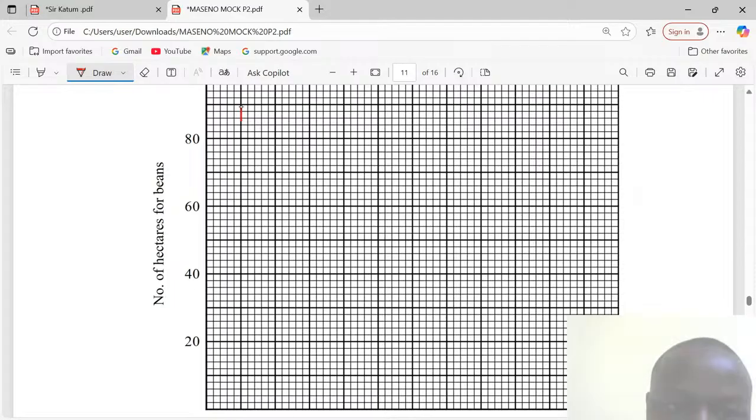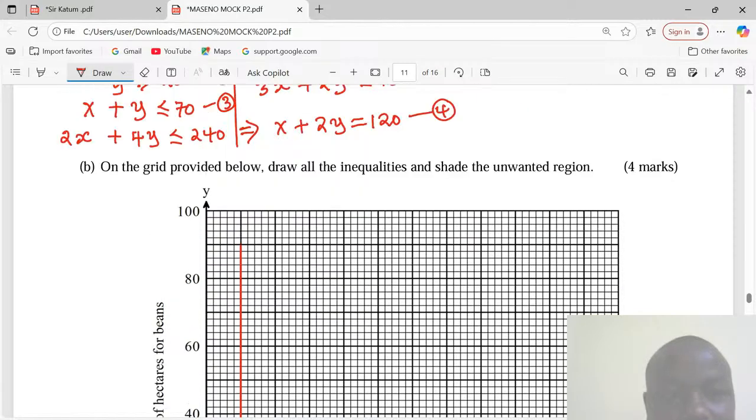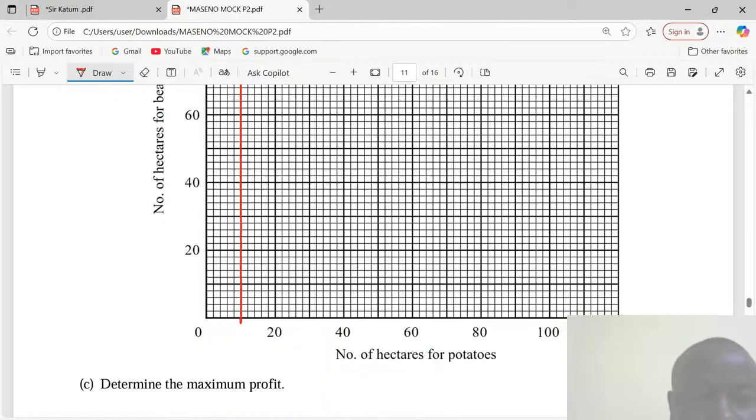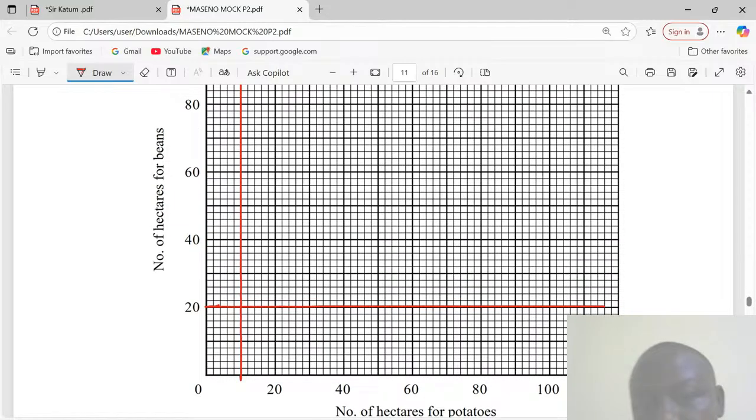Then at y equals 20, we do a horizontal line also. Those are two inequalities now already plotted.